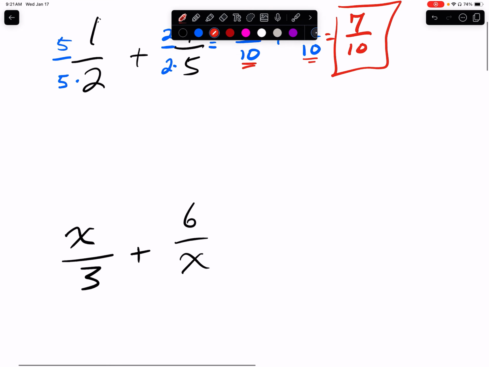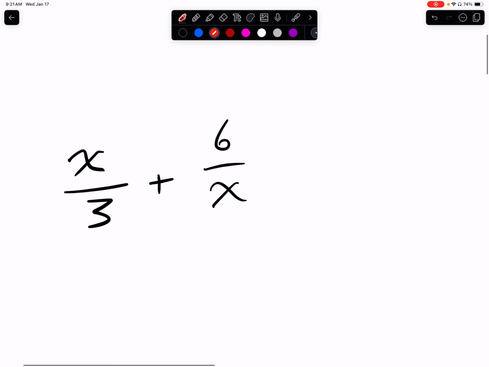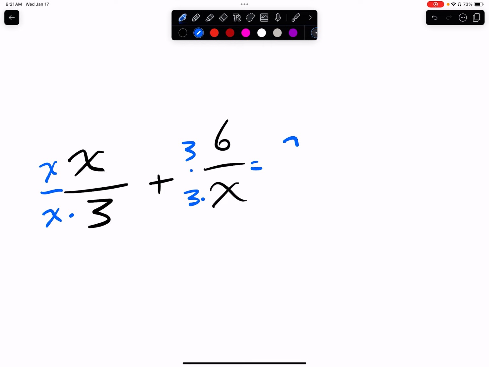Okay, so the same idea applies to expressions when we have variables in them. Okay, so here on this left-hand one, I've got x divided by 3 plus 6 divided by x. What I'm going to do is multiply by x and then x. And over on the right-hand side, I'm going to multiply by 3 and then 3. So what happens here, x times x is x squared divided by 3x plus 3 times 6 is 18 divided by 3x.